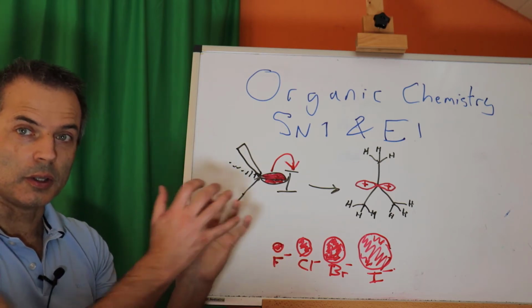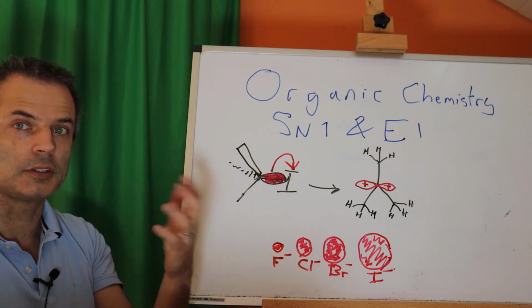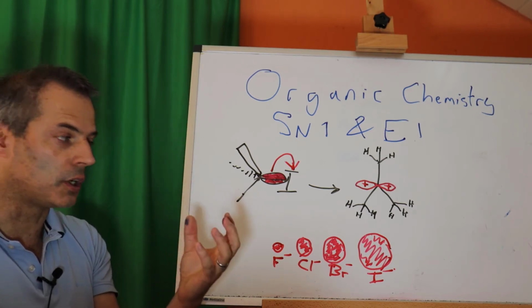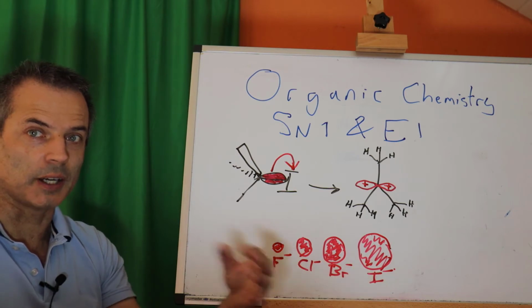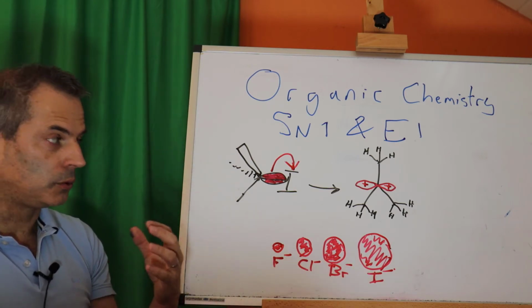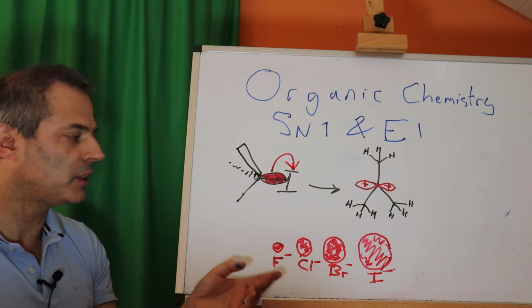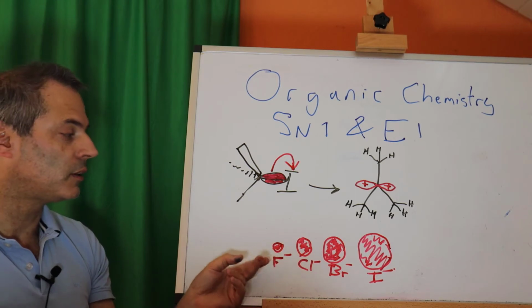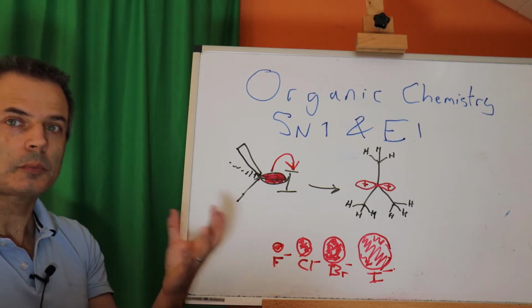And so the atom is getting bigger and bigger and bigger, but it's still only 1 charge. It's still only 1 total of charge, and so the density of charge goes down as we go bigger and bigger and bigger. That is good because it means that, well, it's not good, but it's a thing. It means that iodide ions are more stable than fluoride ions.